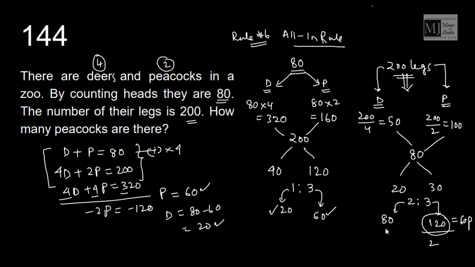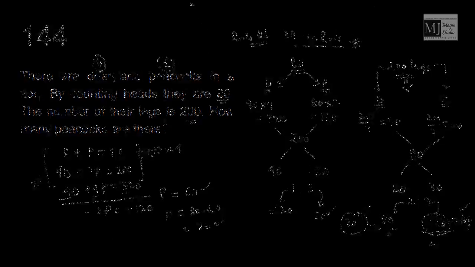Number of deer's legs is 80. If I divide this by 4, I'll get 20 deers. Any method you can use. We have two methods, all-in rule, alligation rule 6, or you can directly use the equation methods. It's all about learning and then using it.